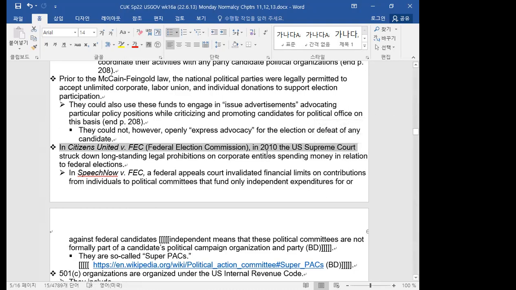These super PACs, they have to state who gave them their money. So if I go to the website and I see, oh, this super PAC got all this money from Exxon Mobil oil company, oh, that's why they want Donald Trump to get elected, because Donald Trump's promised the oil industry big benefits if he gets reelected.